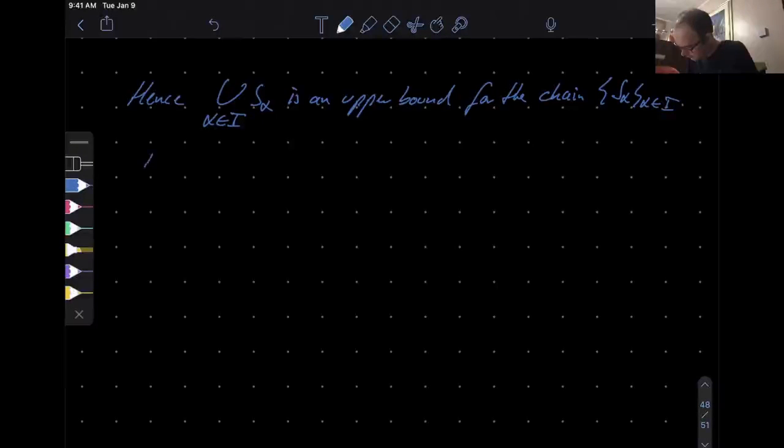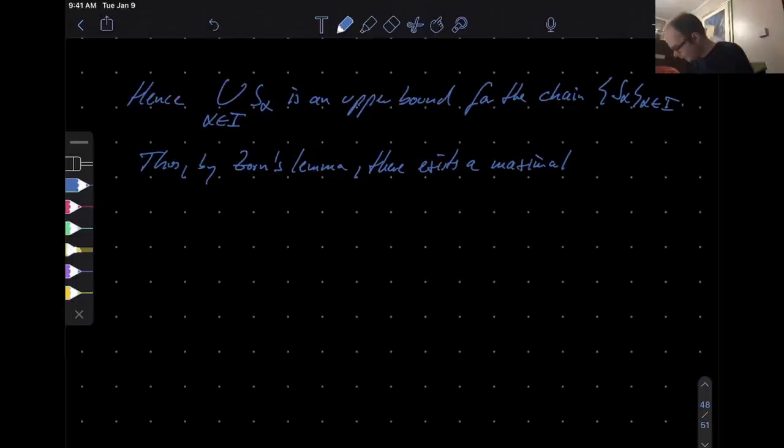Thus, by Zorn's lemma, there exists a maximal element of C, or in the notation of Zorn's lemma, that X. But this maximal element is an orthonormal set.